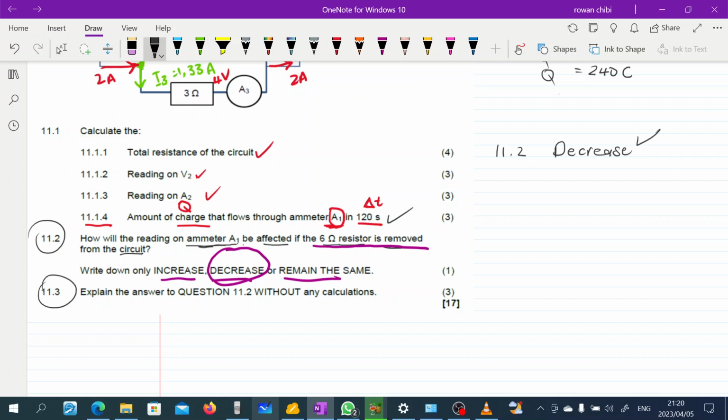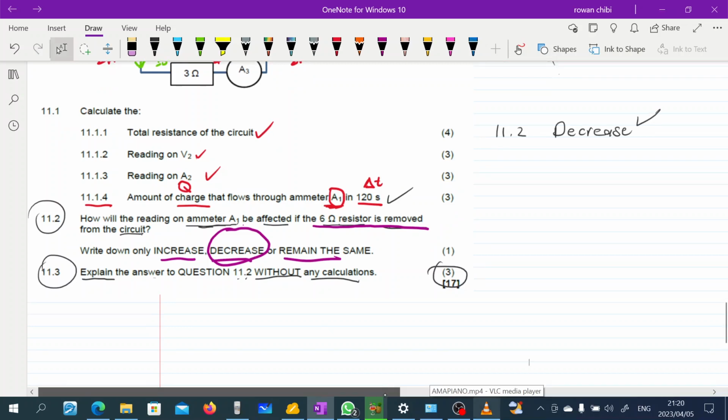Then check 11.3. Now explain the answer of question 11.2 without any calculations. How many marks? 3 marks. So there are 3 sentences that you must write to explain why you said the ammeter will decrease. So this is how you write those words.